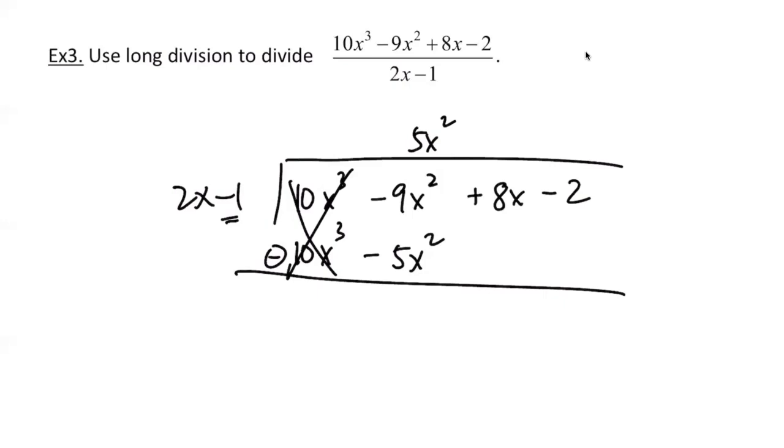Now be very careful. You have negative 9x squared minus negative of 5x squared. Now, some people may prefer to do this. I don't. Let me tell you why. The reason why I don't do that is because sometimes I do get distracted, and if I look back and see something like this, I might think, oh, I'm going to do a subtraction of positive 5x squared.